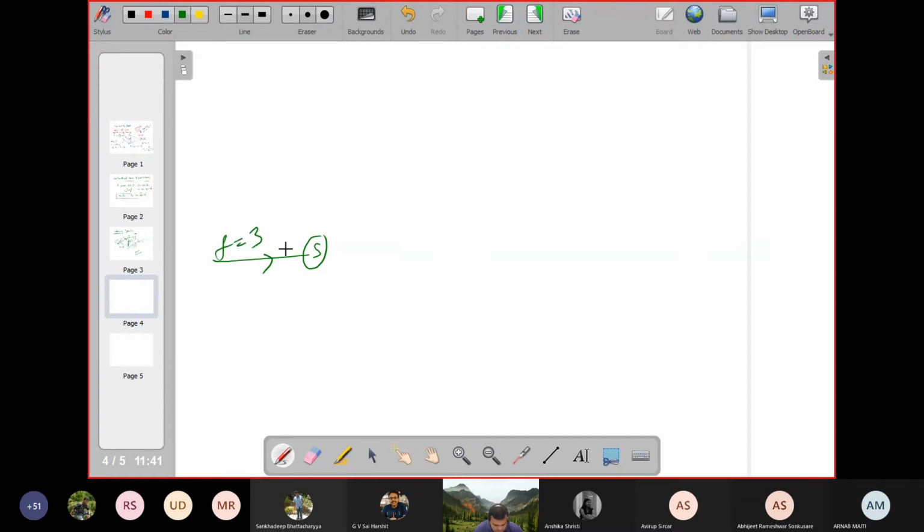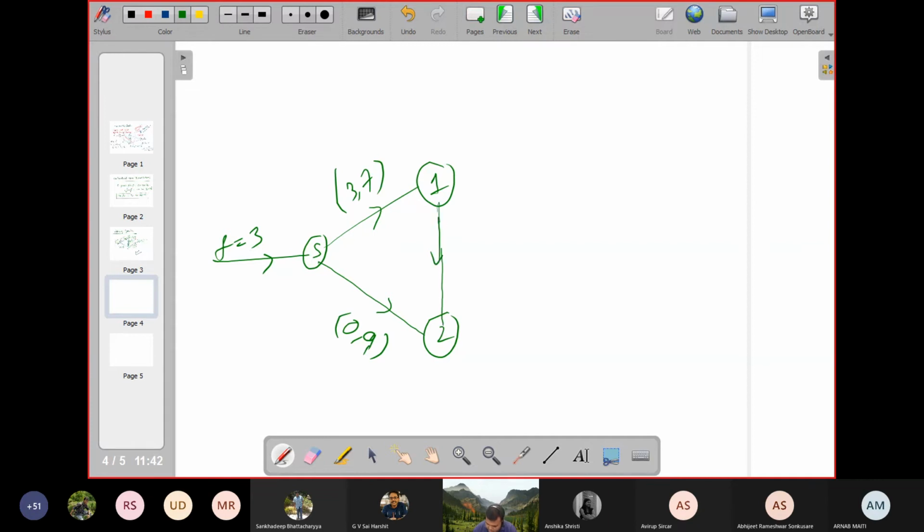So now it becomes 3, 7. This is 0, 9 because it is not part of the augmenting path. Here it has become 3, 3.